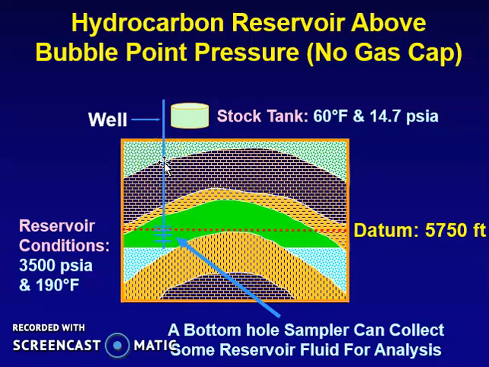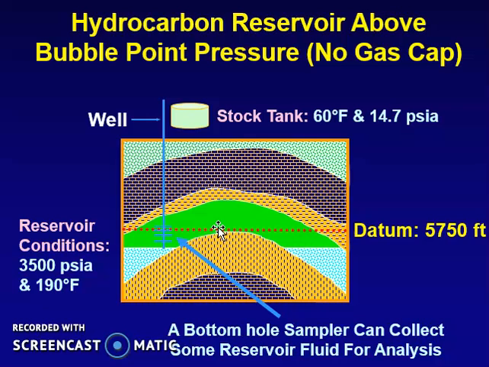Once its pressure drops, the amount of liquid that you get at the surface is less than the amount of liquid that you had at the bottom. Why? Because some of that oil has evaporated into the vapor phase. So the amount of liquid that you get at the surface is different from the amount of liquid that you have at the bottom of the reservoir, because of the phase behavior, because of the pressure temperature behavior of your fluid.